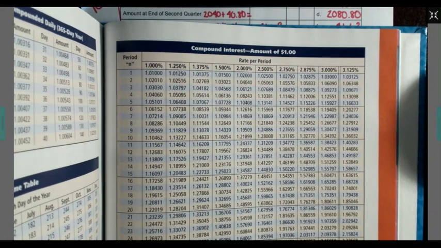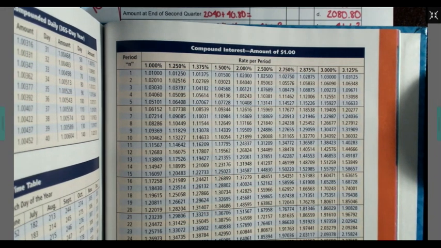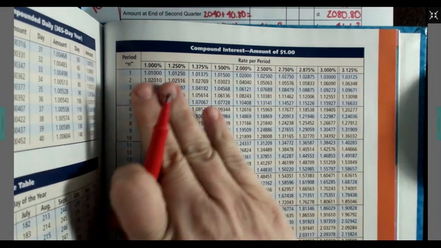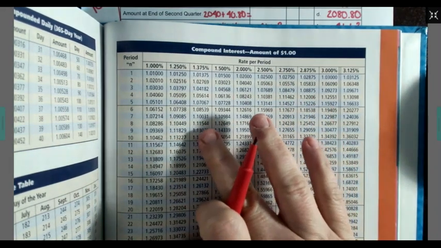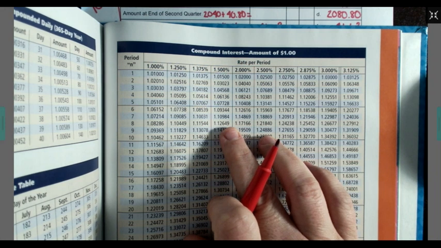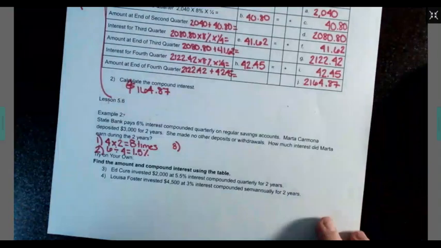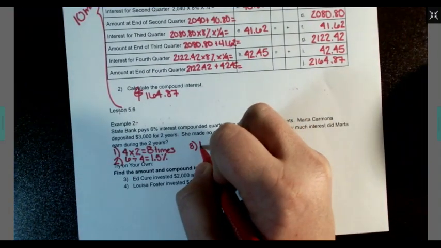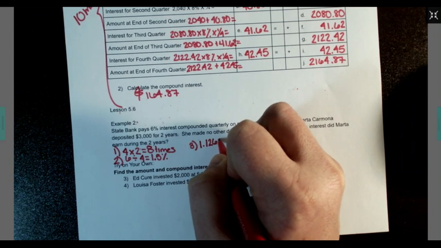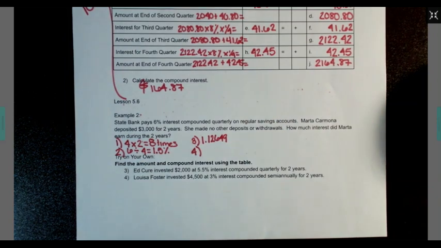That was 8. We have 8 periods. We also found an interest rate of 1.5. The number in that cell is 1.12649.